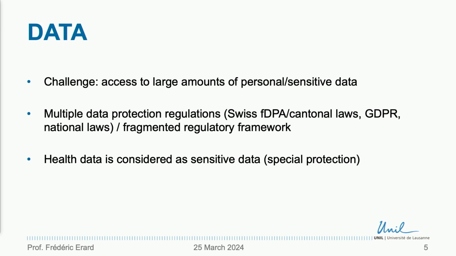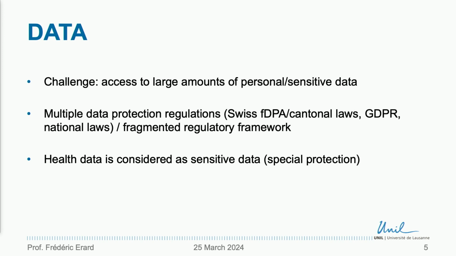If you take only Switzerland, you have one federal law for private bodies and companies, and you have one cantonal law on data protection in each canton for public cantonal bodies like cantonal hospitals. And in Europe, you have the GDPR, but when you talk about health data or genetic data, the different states can also agree on different rules. So you have a very fragmented regulatory framework today, and you need to deal with that.